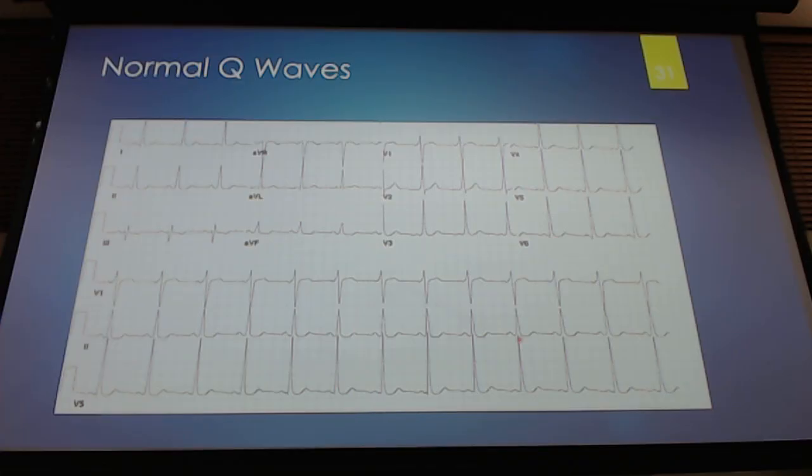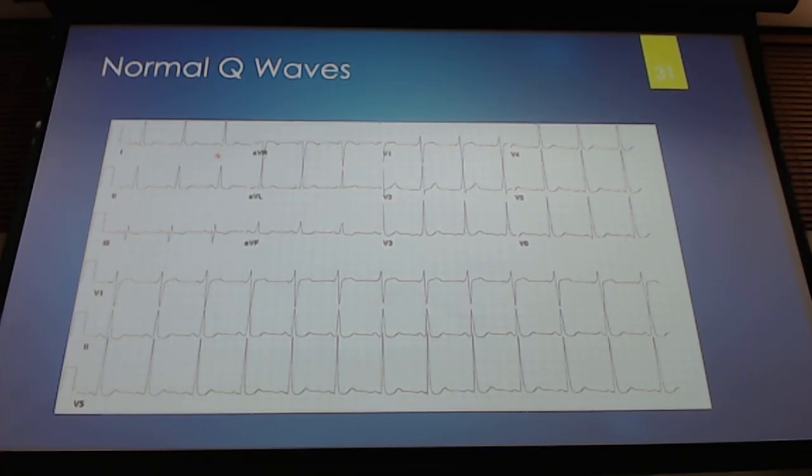Here we have some normal Q waves. Look at our lateral leads. Look over here at V6. There's a small Q wave there. Do we see anything in 1? A little bit in 1, and in AVL, a little bit. So those lateral leads are primarily where you're going to see this. What about AVR? We really see this big R wave in AVR, so you don't see much there.